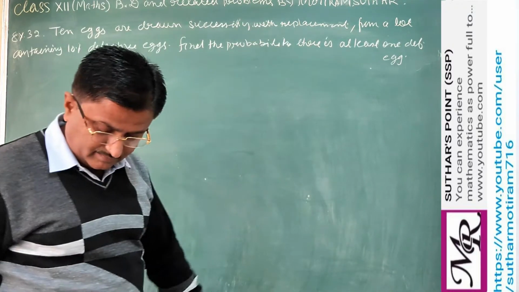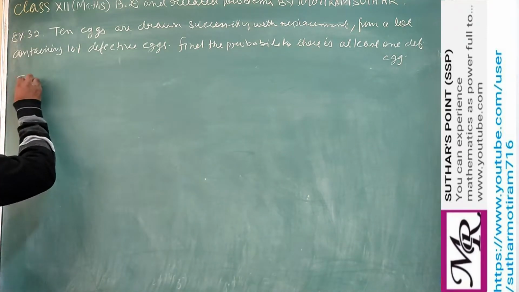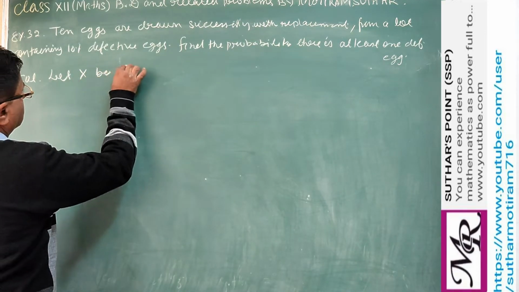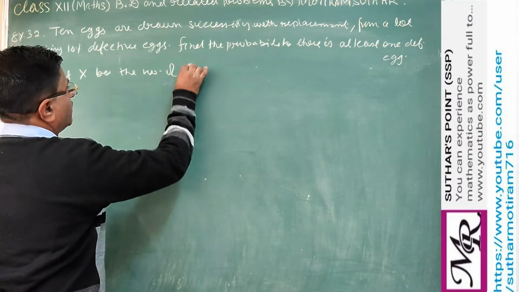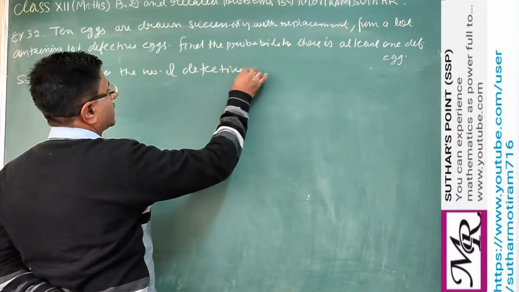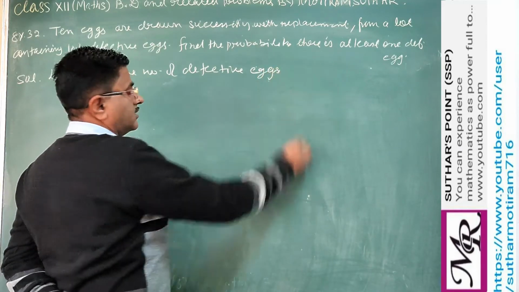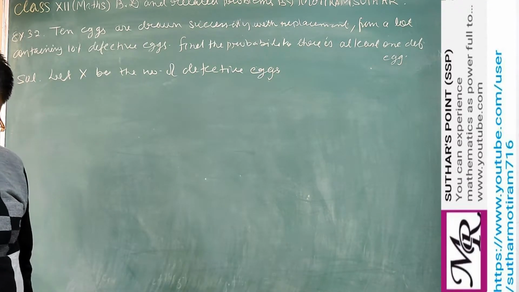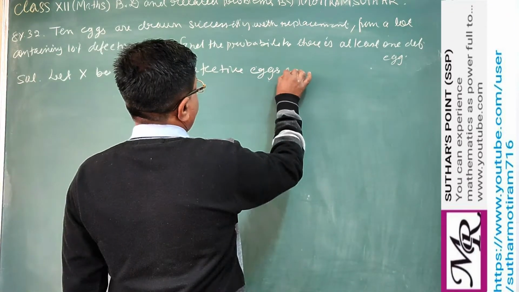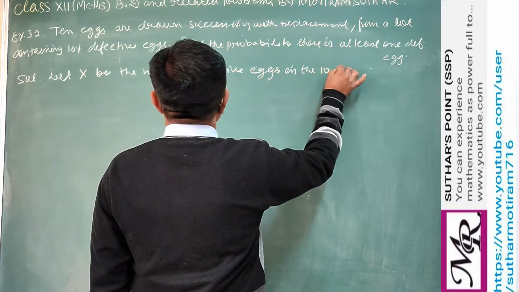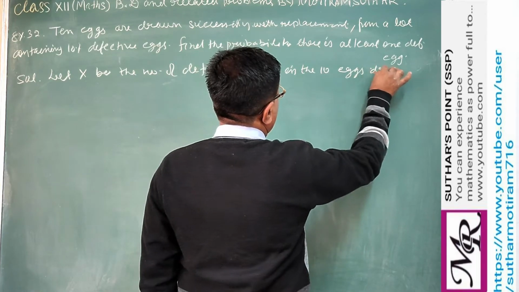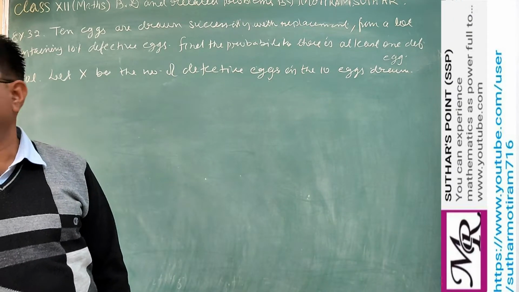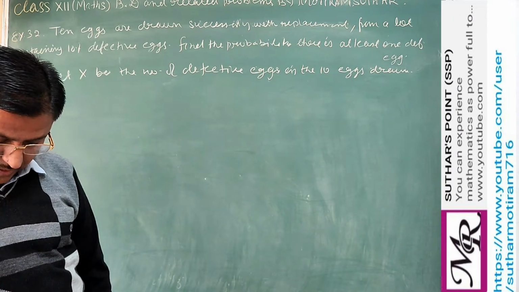So you may write here, let x be the number of defective eggs in the 10 eggs drawn. Out of 10, how many are defective? That is our x, our random variable.